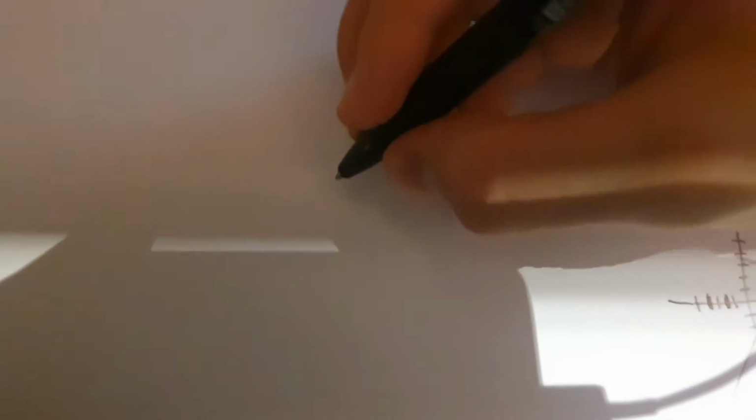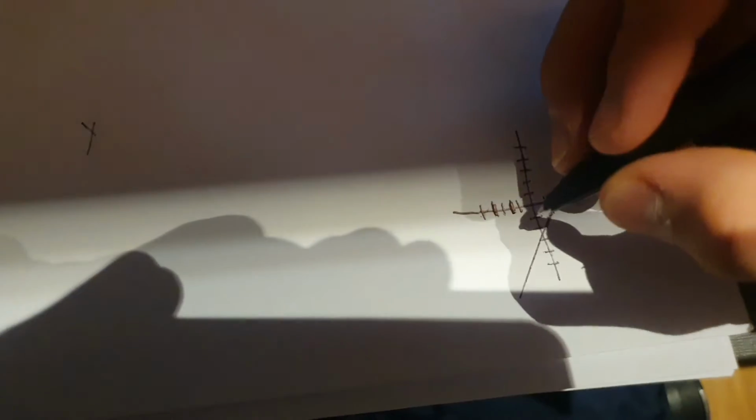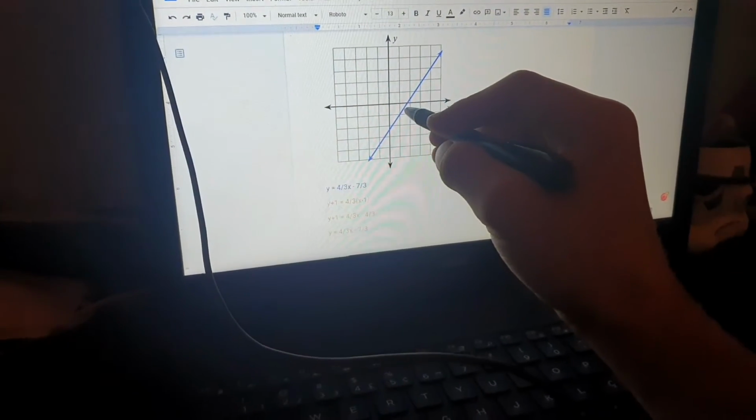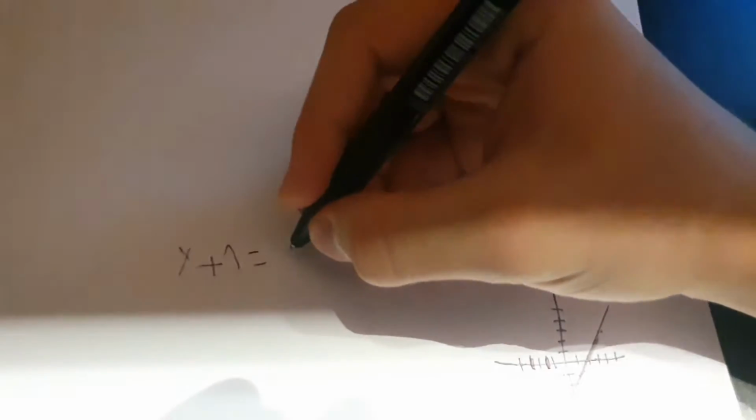So how I started to do this, I just did the point slope form and then I changed it into the slope intercept form. So the point slope form is y minus the y coordinate, which is negative 1. So negative 1 is going to be plus 1 equals the slope, which, if you look here, there's another point on the 4, 3, which means that the slope goes up by 4 and to the side by 3, which means that the slope is 4 over 3.